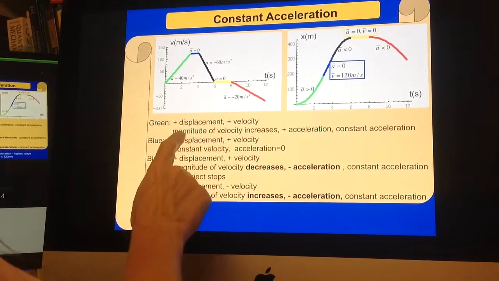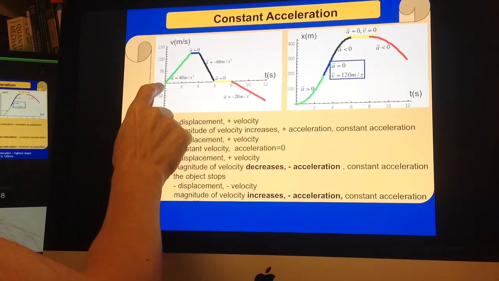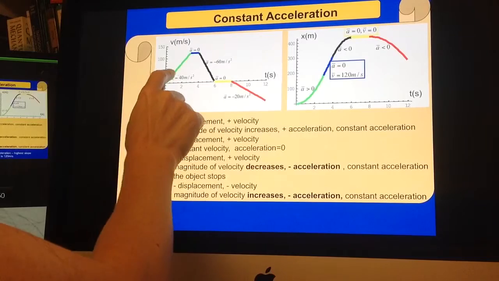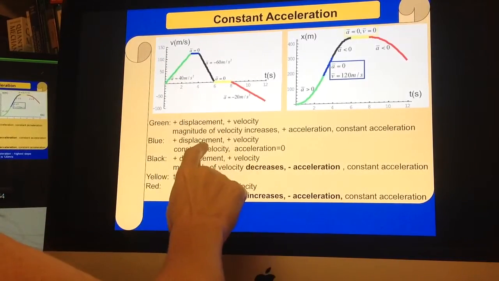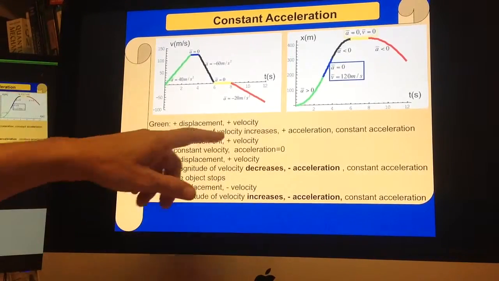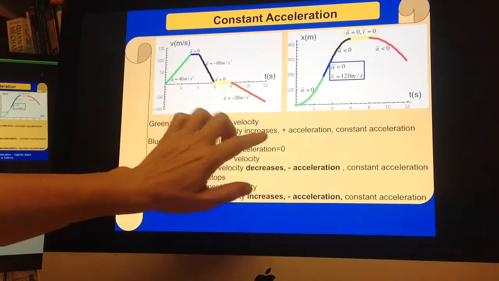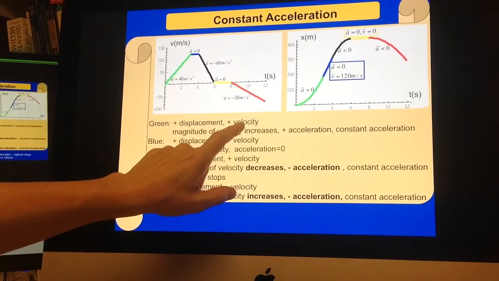What is going on with the magnitude of this velocity? Well, the magnitude, look, it starts from 0, goes to plus 50, goes to plus 100, so the magnitude is increasing. If the magnitude is increasing and if the velocity is plus, then I know that the acceleration has to have the same direction as the velocity.